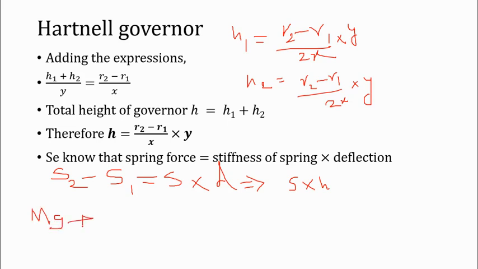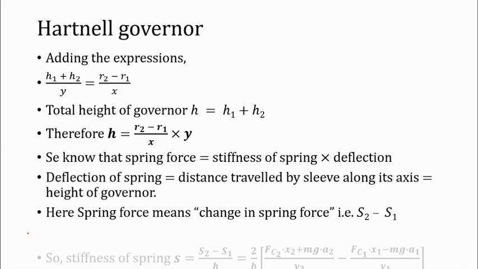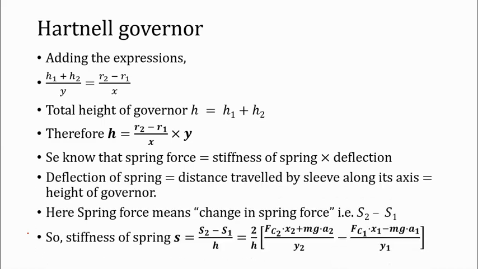Okay, so in our previous slides, the values of Mg plus S1 and Mg plus S2, these two equations are obtained. So subtracting the first equation from the second equation will give us the magnitude of change in the spring force.